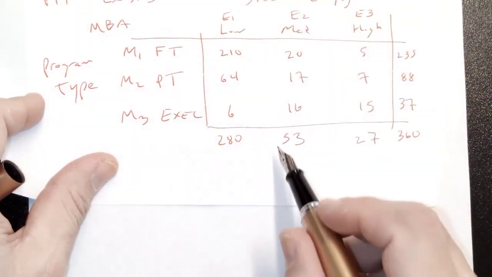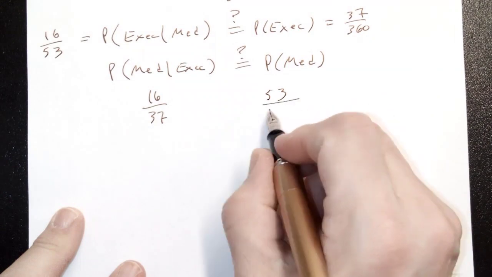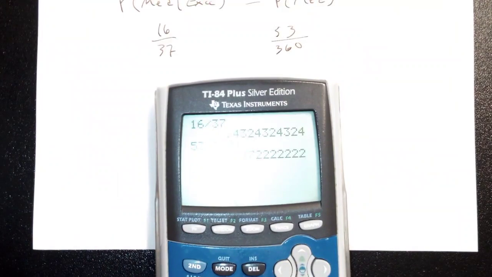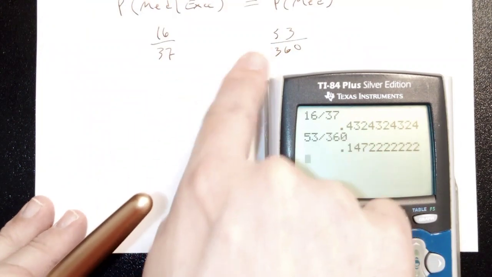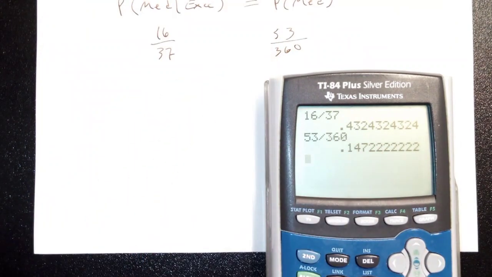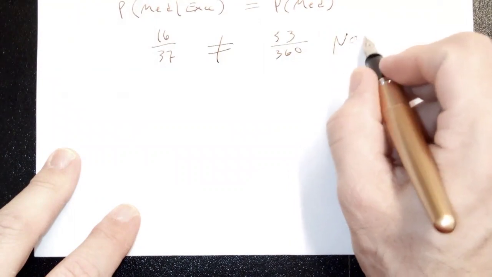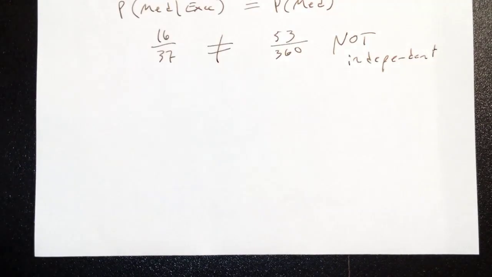The medium engagement group is this whole column. So I take the column against the grand total. And 53 out of 360 is not the same as 16 out of 37. 0.4, 0.15. Definitely different. Questions?